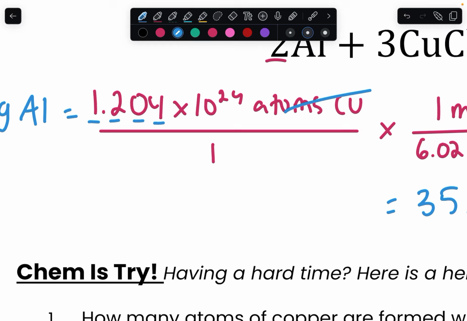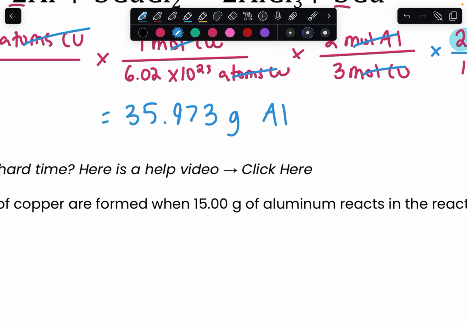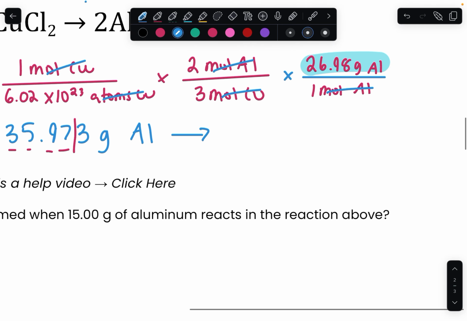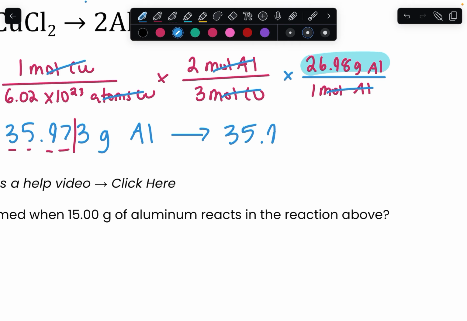We have, therefore, 4 sig figs. And we're going to then round our answer to 4 sig figs. 1, 2, 3, 4, all non-zero digits. There is a 3 past the chopping block there. That means we are not going to round the 7 up. So after sig fig rounding, our final answer is 35.97 grams of aluminum.